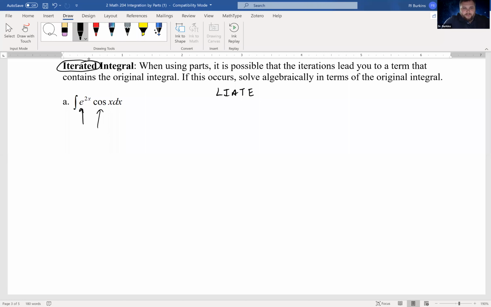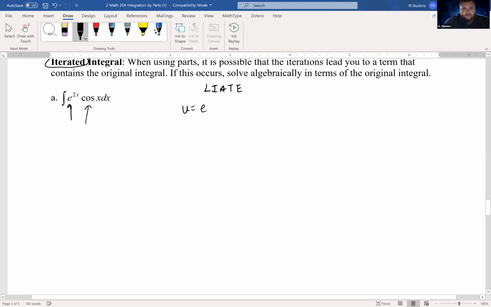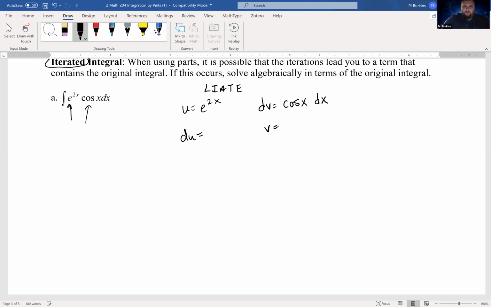So I'm just going to go ahead and choose u equal e to the 2x, just so I don't have to deal with a bunch of fractions. And I'm going to let dv equal the cosine. So I just need to calculate du and v. v is going to be sine, and the derivative of e to the 2x is going to be 2e to the 2x dx.